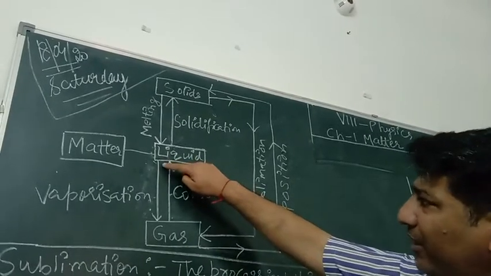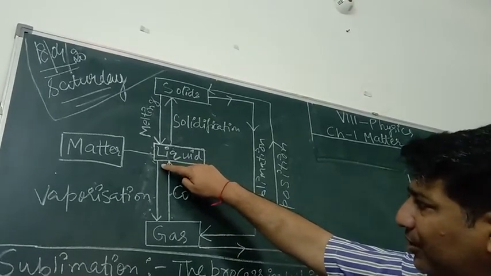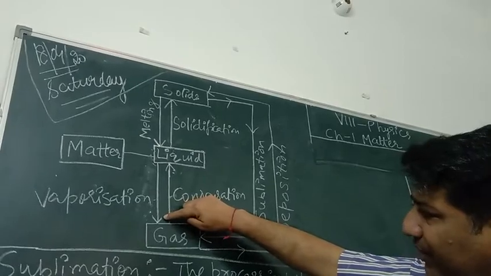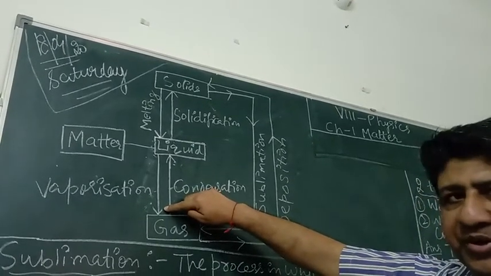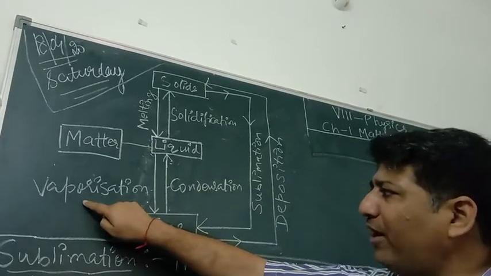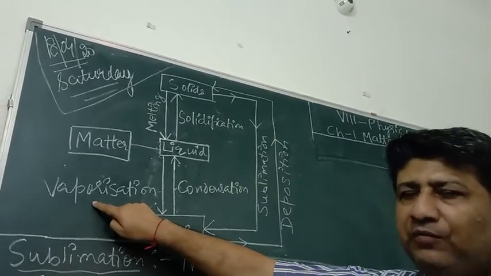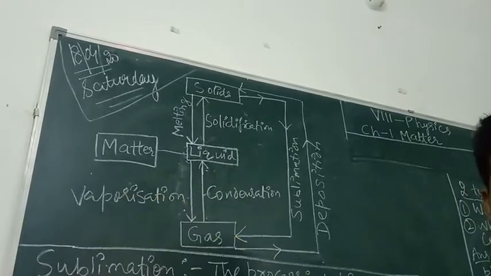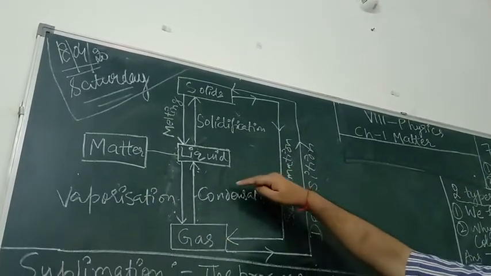Similarly, when a liquid state of a substance changes into its gaseous state or vapor state at a fixed temperature, that is called vaporization, which is further of two types, evaporation and boiling, as we discussed.